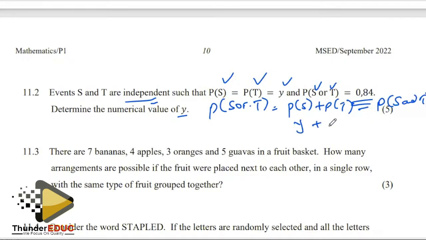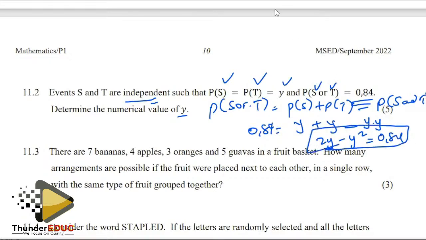It's y. What is T? It's y. Minus S and T, events are independent, so you multiply them. Is that going to make sense? Yes. So 2y minus y squared is equal to 0.84. It's a quadratic, you solve it. That's why it's 5 marks.